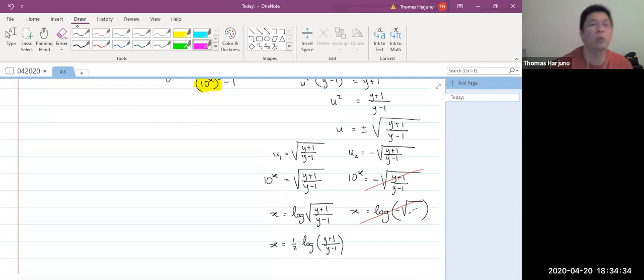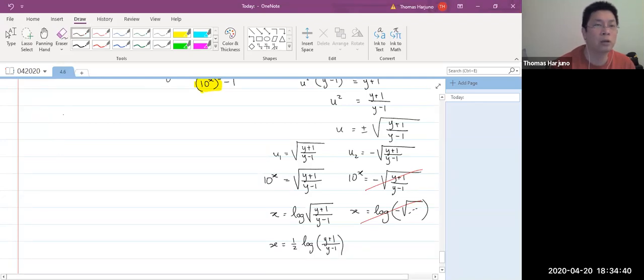Now, suggested homework from this section. Of course, I don't expect you to do that between today and Wednesday, but I would like you to do this between Wednesday and Monday. Suggested homework from 4.6 will be number 1 to number 45.